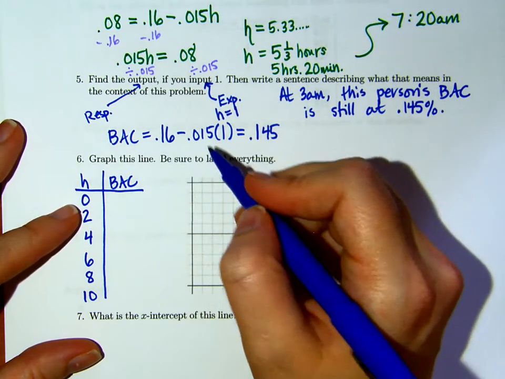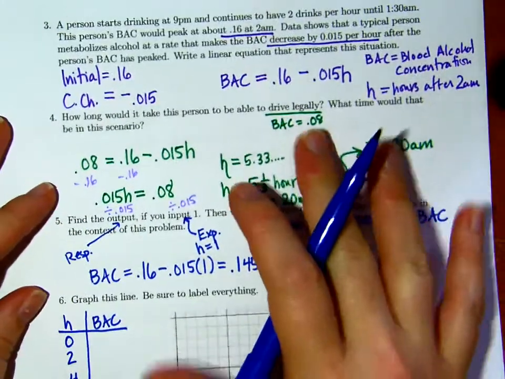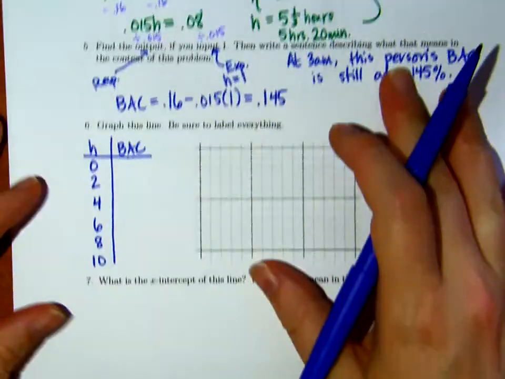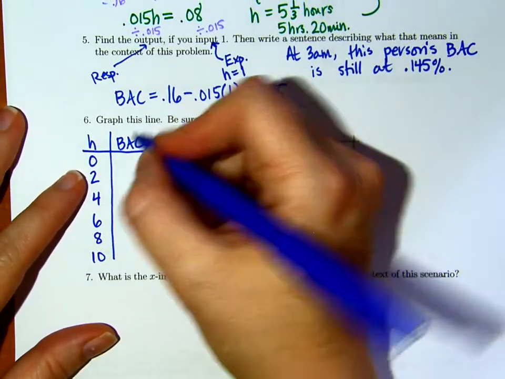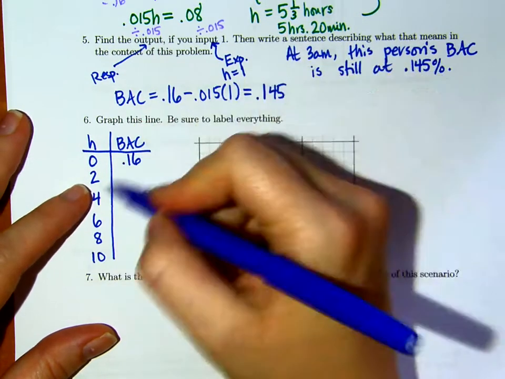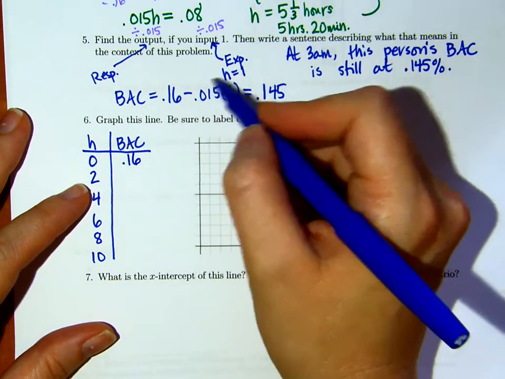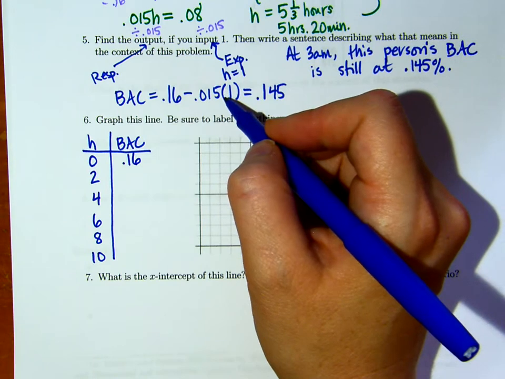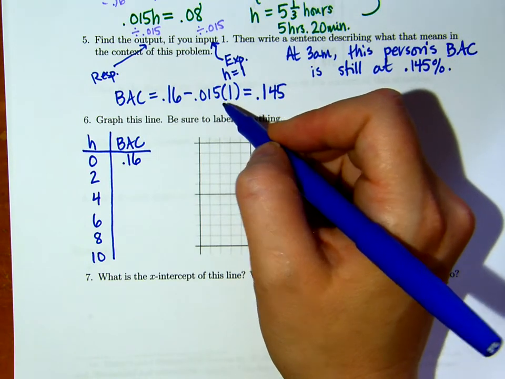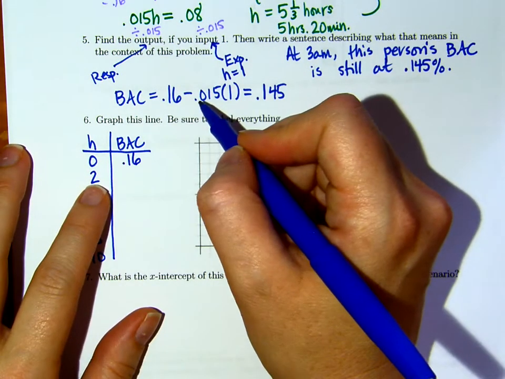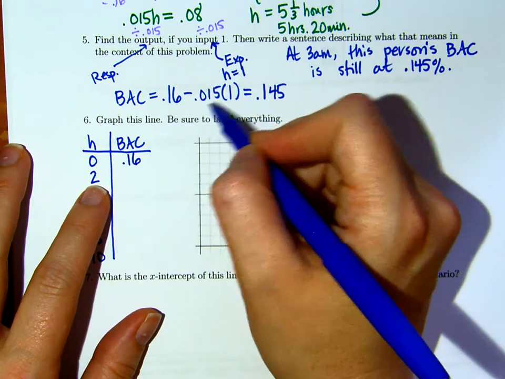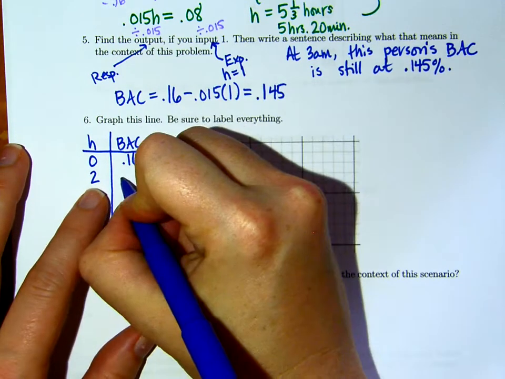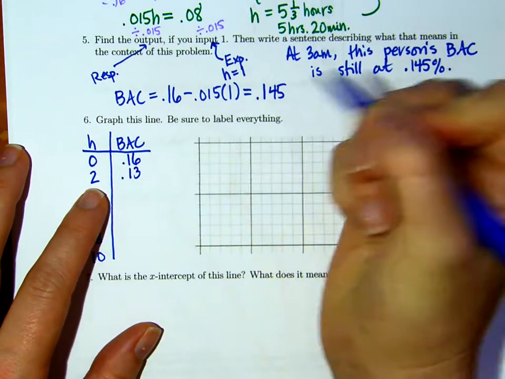Well, if no hours have gone by, then it starts at the initial blood alcohol concentration of 0.16. If 2 hours go by, 2 of these 0.015s have been taken away, and I believe that's 0.03. So 0.03 taken away would be 0.13.